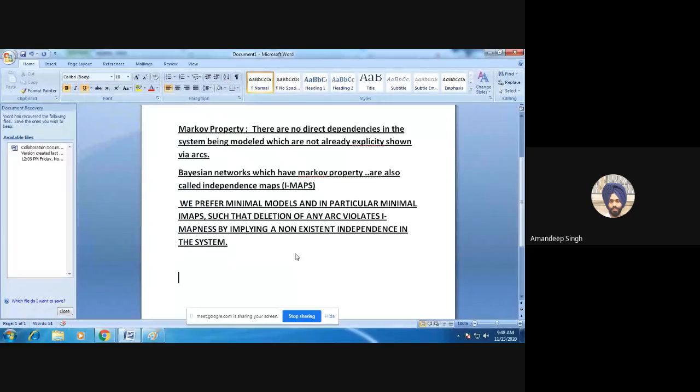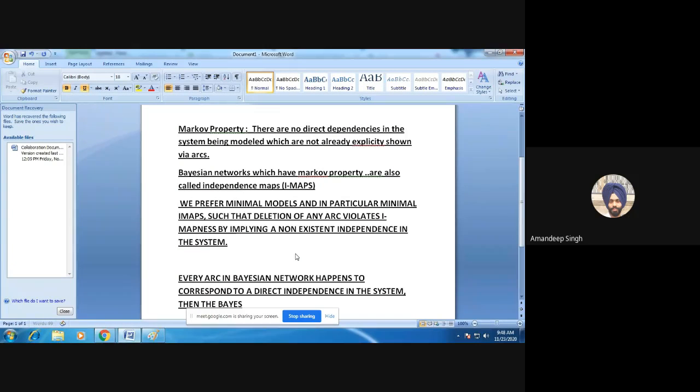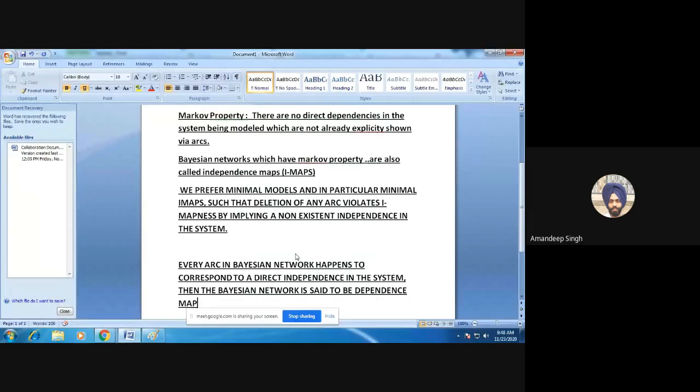And the other case is if every arc in the Bayesian network corresponds to a direct dependence in the system, then the Bayesian network is said to be a dependence map. Fine.